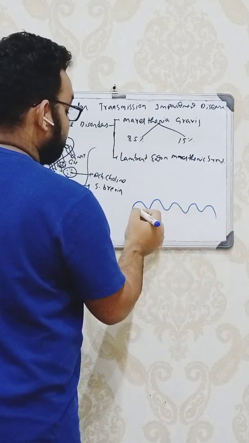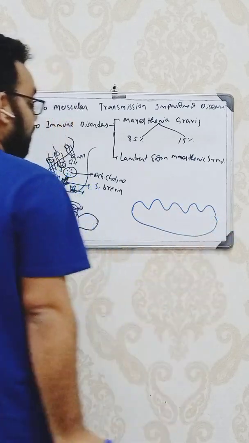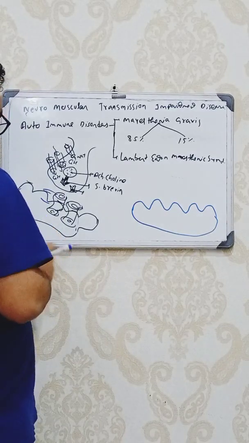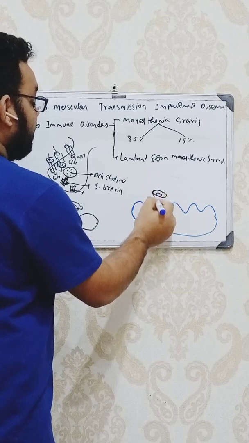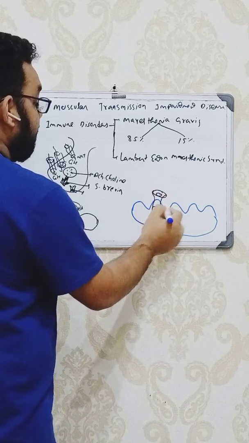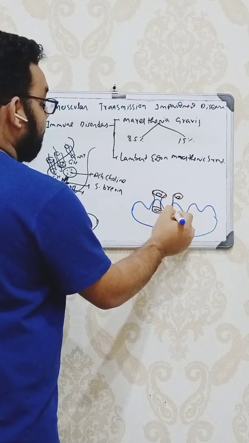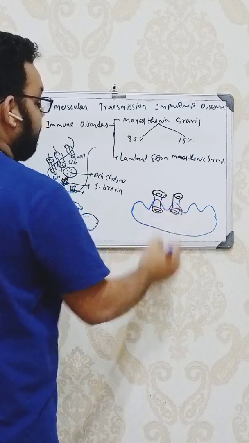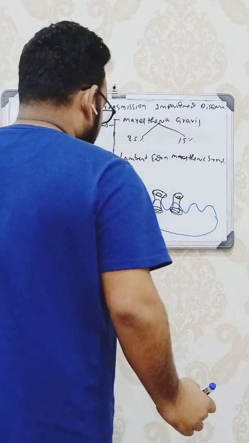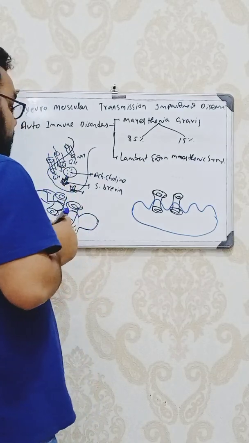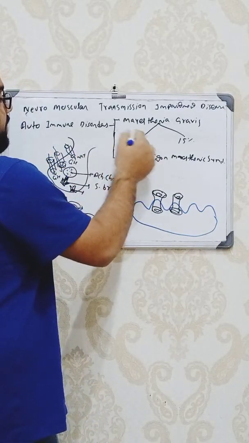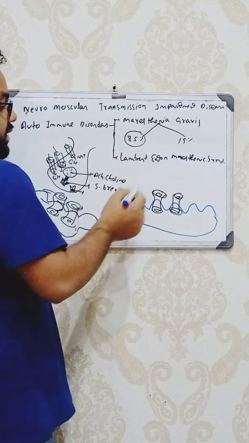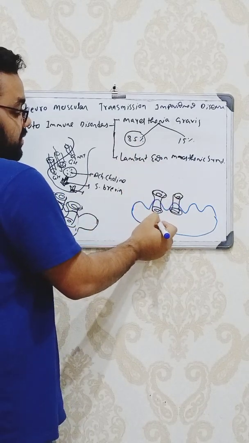Just assume this is the muscular part. We already saw that there will be receptors for the acetylcholine here. Now what type of problem will we see in these cases? The formation of autoantibodies. In 85% of the people, they will have autoantibodies against these acetylcholine receptors.